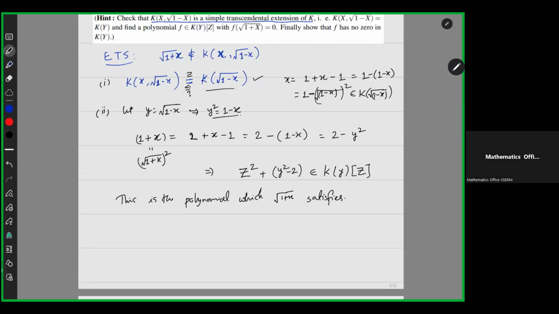Okay, so is this the minimal polynomial for square root of 1 plus x, and does square root of 1 plus x belong to k(y) or not? That is not clear.